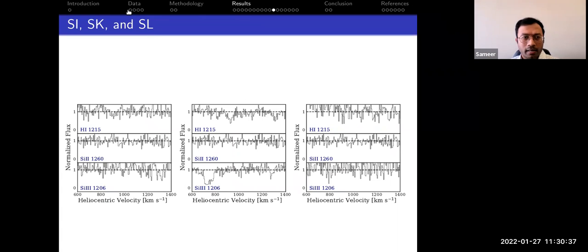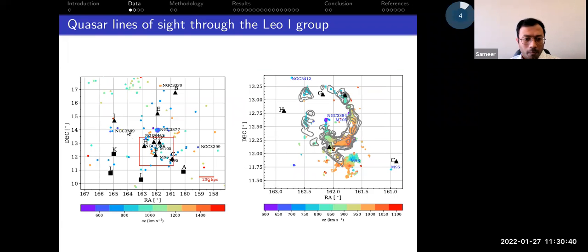So this may imply that, assuming the merger scenario, since the merger happened in this direction, the gas is maybe localized in this direction only, and it has not spread so far, so the sightlines are not piercing any gas, or that there are no galaxies that are contributing to the absorption at these locations.